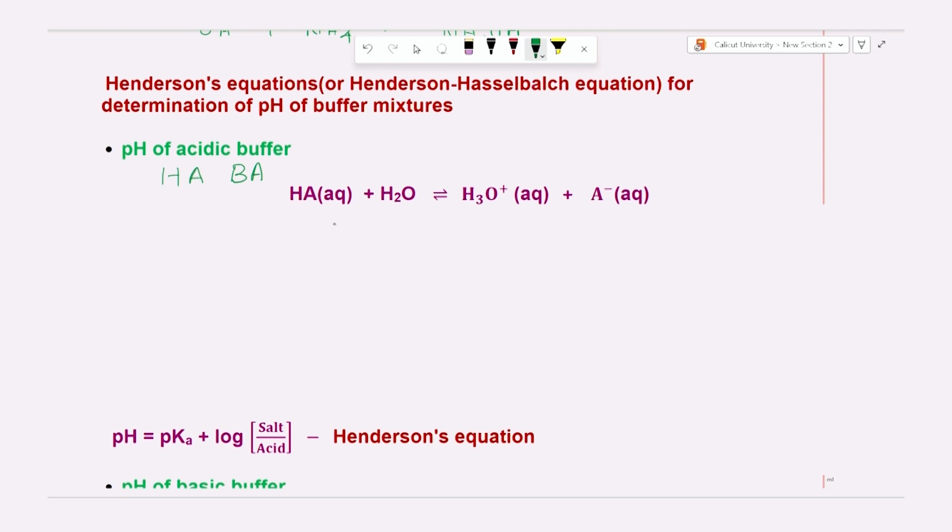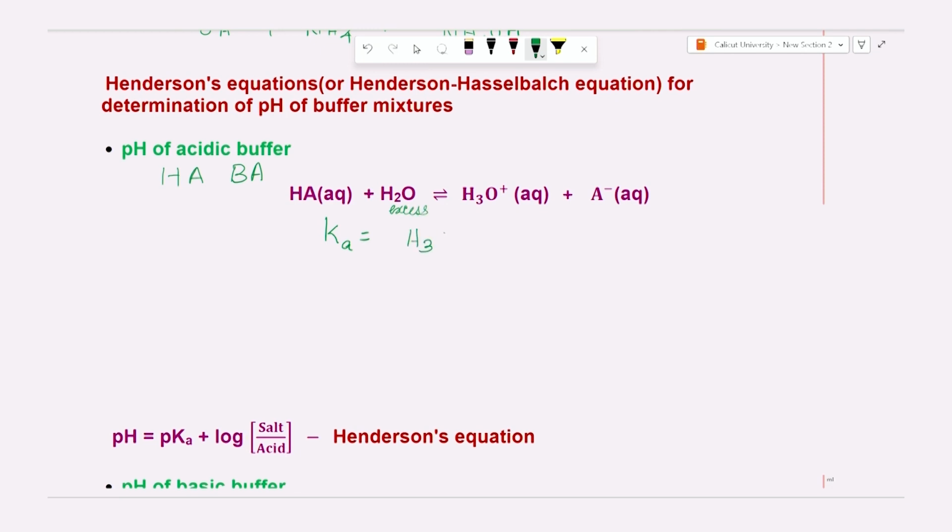So, we will consider the dissociation of the weak acid, because acid is weak. It reacts with water to give H3O plus ions and A minus ions. Now, for this I can put it as Ka. To make it simple, I am going to exclude this water, because that is present in excess.